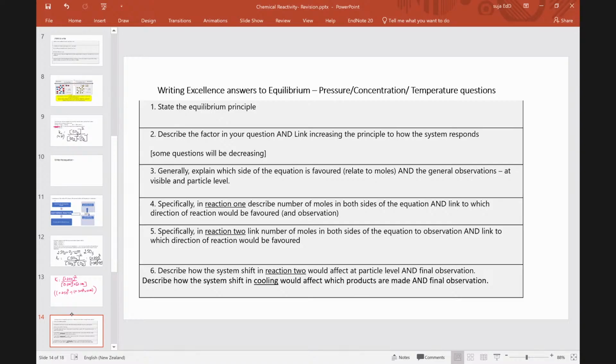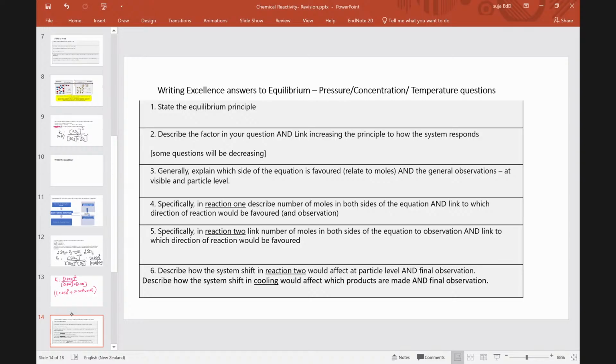But what you have to clearly state is that that will only be for a short time till the reaction readjusts itself and the equilibrium is reestablished. But if the temperature is changed, then there is going to be a permanent change to the equilibrium, depending on whether it's an exothermic or an endothermic reaction.